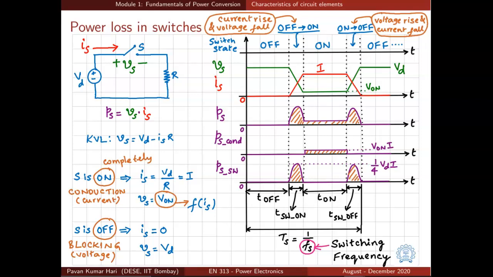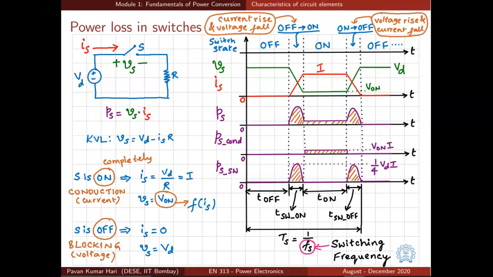The voltage across the switch, shown in green color waveform, falls during the turn on transition, and the current through the switch rises in the same interval. Now when you initiate the turn off transition, again the current starts falling and the voltage rises. Both occur simultaneously in this interval.